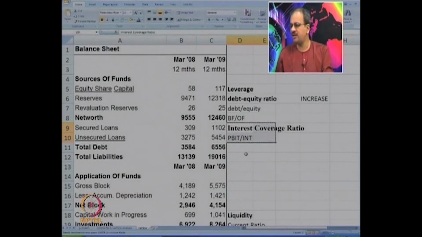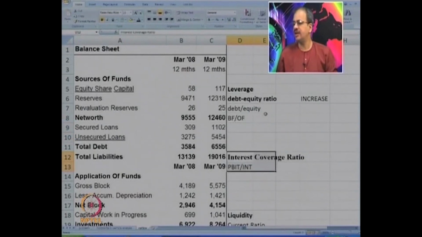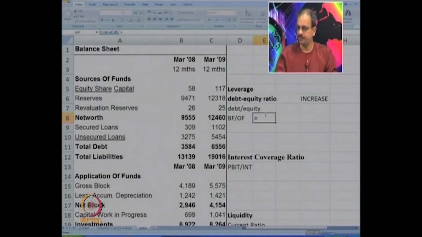Interest coverage also we will try to calculate, but later. Okay. So, how do you calculate now? How much are the borrowed funds? Borrowed fund is 3584 divided by the net worth.